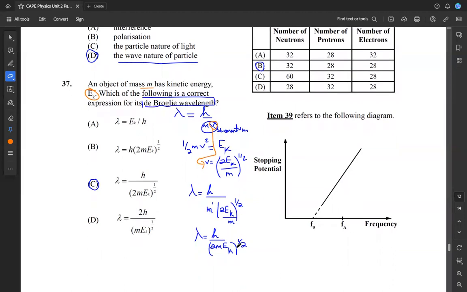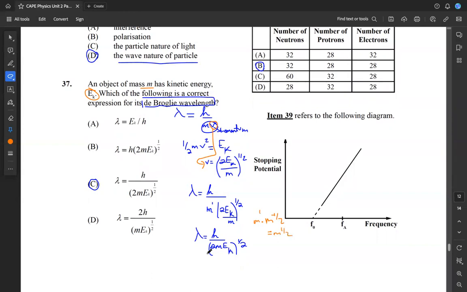And when I simplify further, I'm going to find that the m in the root becomes m to the half. So it becomes 1 minus a half, and you multiply that by the m that's down here, so it will be m to the minus a half. And so when I do that, I end up with m raised to the half, right?